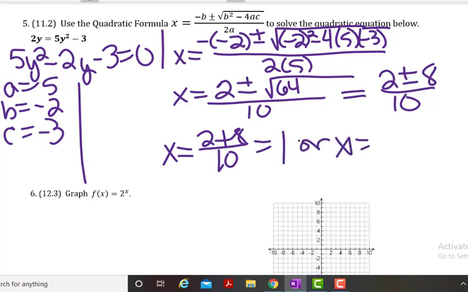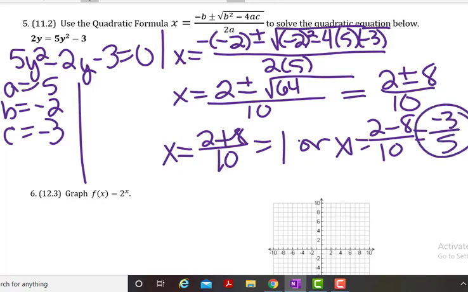Or x is equal to 2 minus 8 over 10, which is negative 6 over 10, or negative 3/5 when I simplify. So my answers are x is equal to 1 or x is equal to negative 3/5.